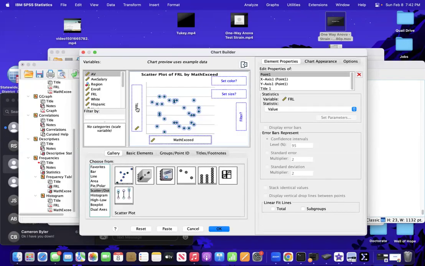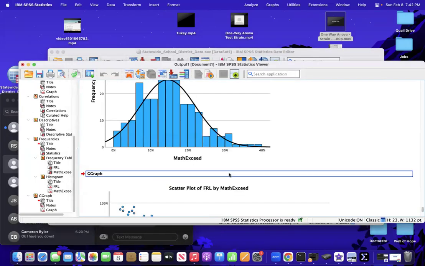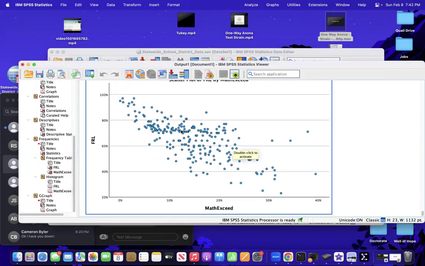And then we moved free and reduced lunch over to the y-axis and math exceed to the x-axis. And then we're going to click OK. And it's going to give us a negative scatter plot, which we could also imagine, since our R was negative.